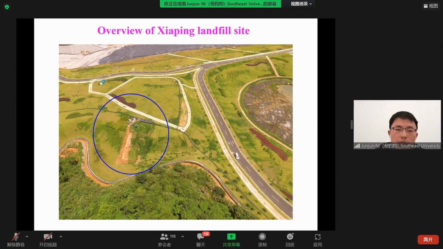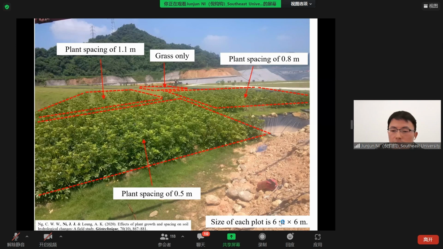This is a close look. We select 4 plots, each plot 6 meters by 6 meters, with 3 spacings, and also 1 grass only case. Normally in the landfill cover, we can only plant some shrubs with shallow roots or grass species. We cannot plant trees. We all know that, right?